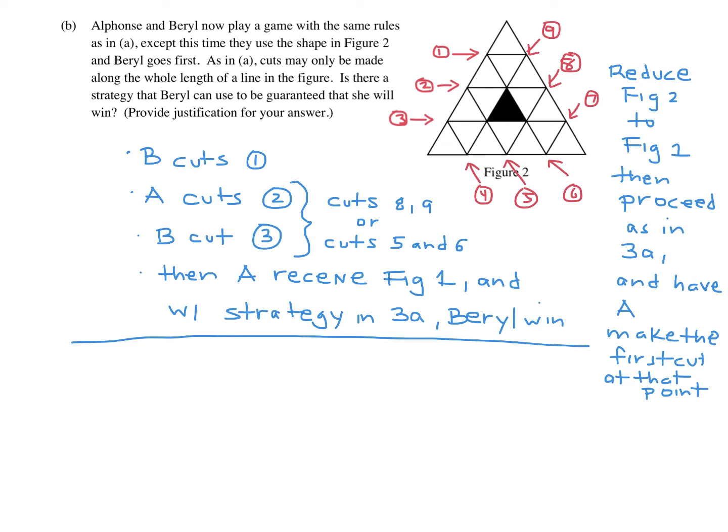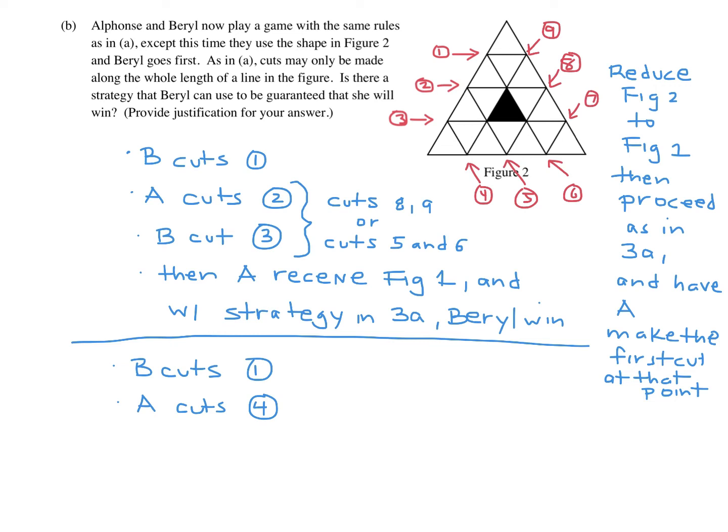The next strategy is a slightly different scenario. What if Beryl goes first, and she starts off cutting 1, but then what about A? What if A cuts 4? Right? Because this scenario here already takes care of a lot.